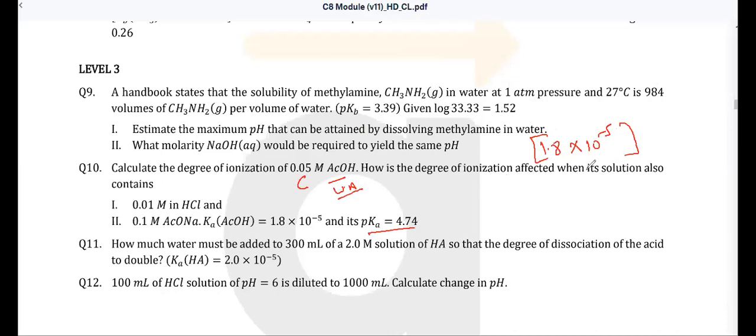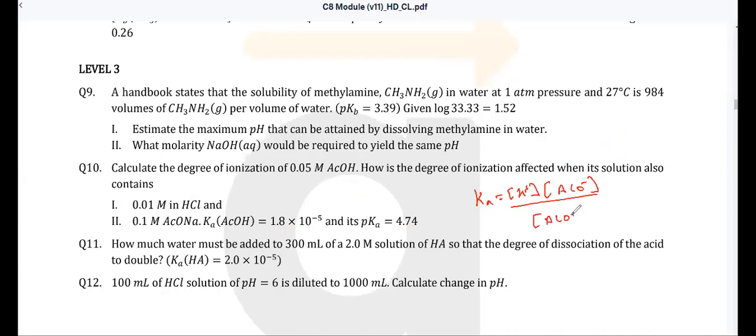So first one, 0.01 mole of HCl. So again, strong acid. Common ion effect, yes or no? Yes. So Ka is equal to concentration of H plus into concentration of ACO minus divided by concentration of ACOH.